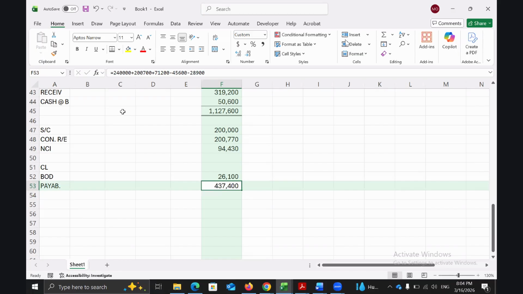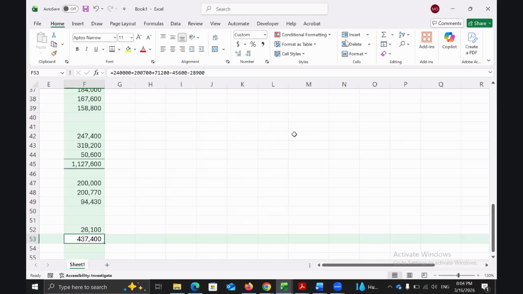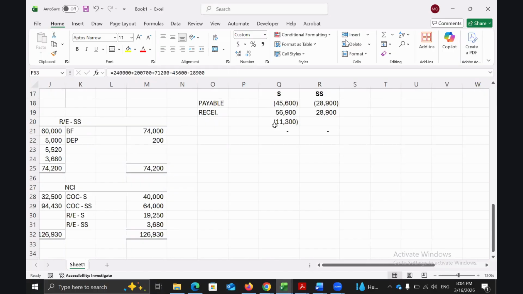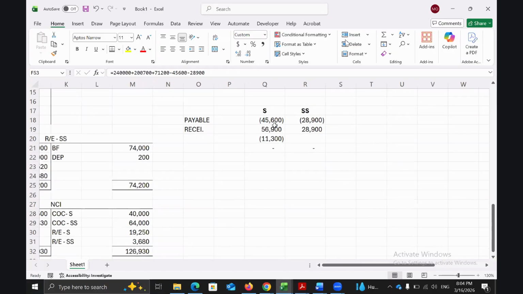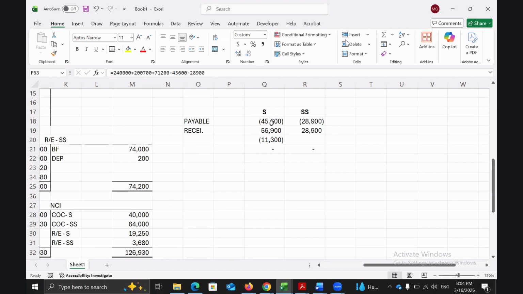And when it comes to the intragroup balances, which we took out from the payable and receivable, they stop. Payable.